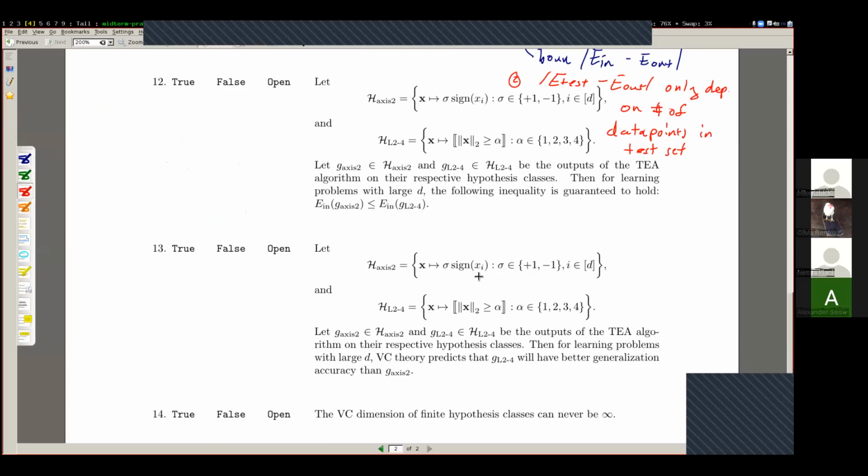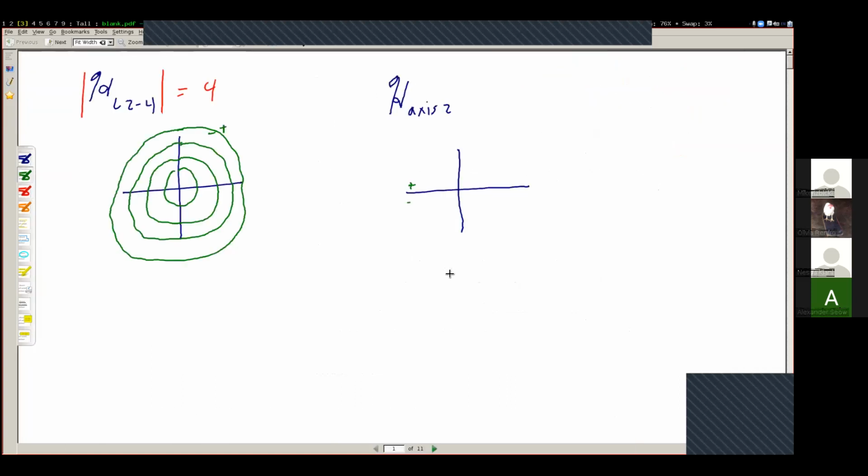Again, the non-bold x sub i indicates that you're at the ith position of that x vector. If it was bolded, then it would be the ith vector in a data set, which wouldn't make sense here. So this x sub i is referring to this particular x right here, the ith position. And we're using the sign function so that if it's positive, we get a +1, and if it's negative, we get a -1. Then this sigma over here can possibly reverse that. And the size of this hypothesis class is 2d.